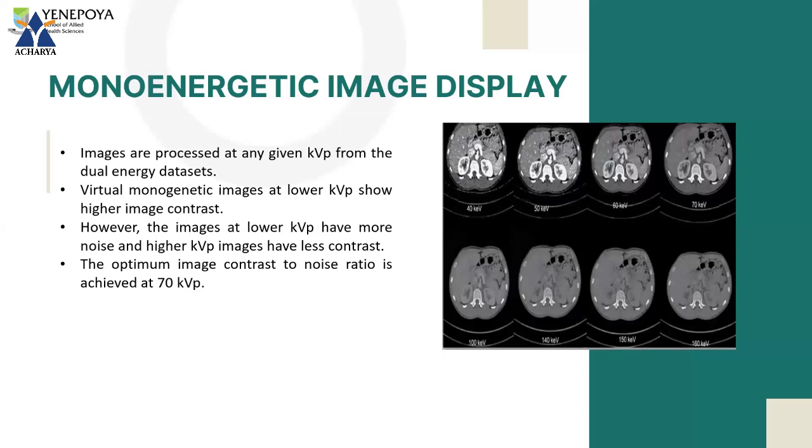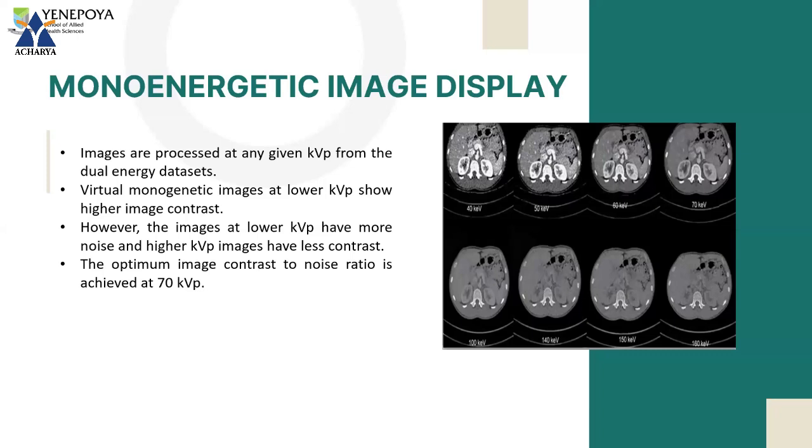All these will be reconstructed. Wherever you are using 40 keV reconstructed data, this data will have very high contrast differentiation. The contrast differentiation will be very good at the very low energy.